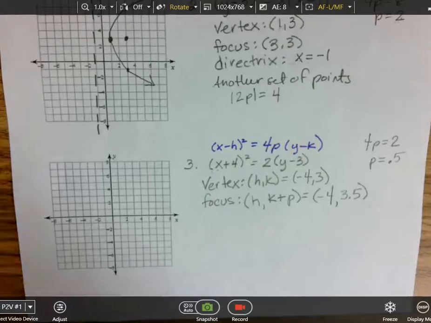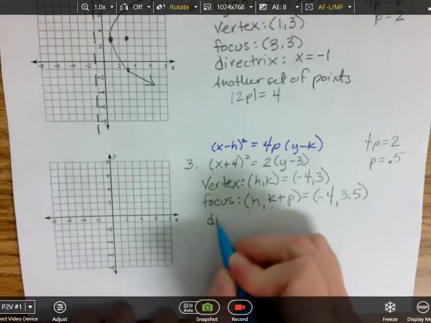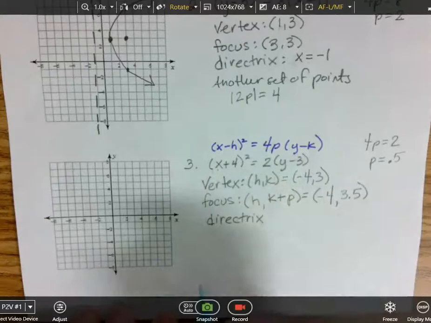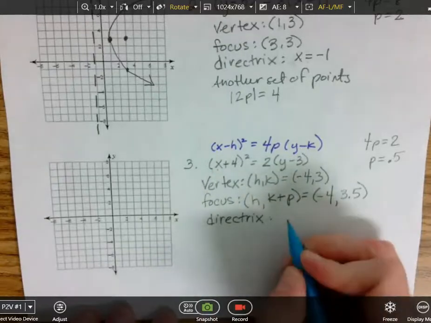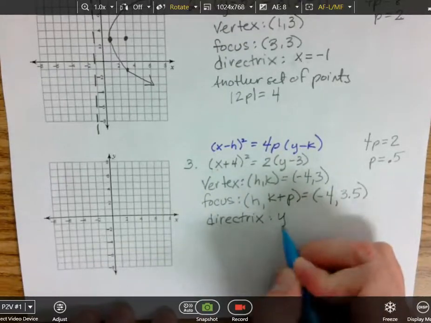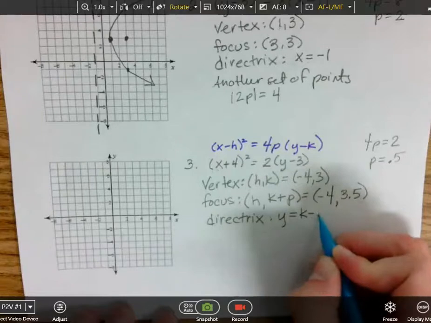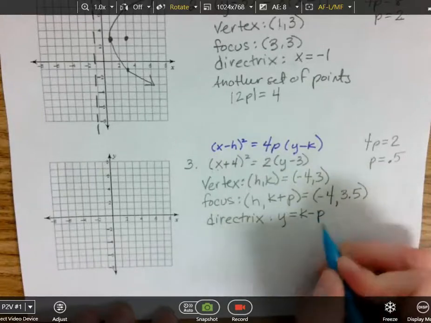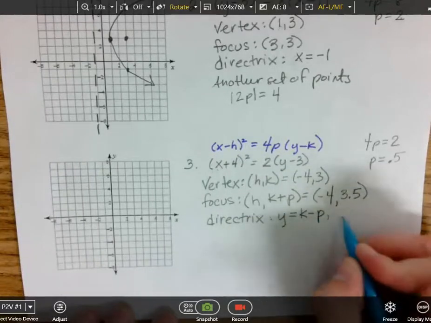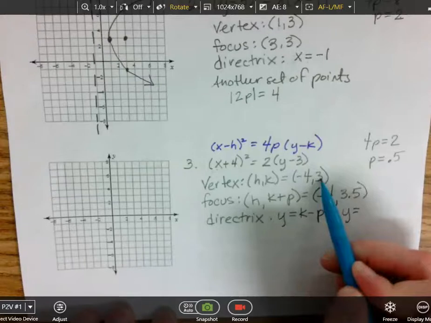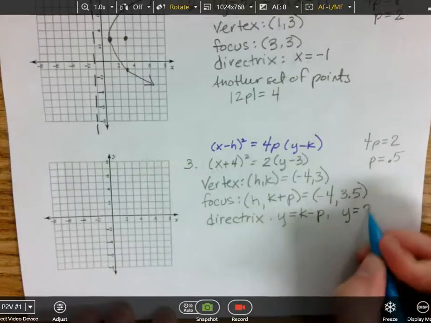And this time your directrix is going to be horizontal. So y equals k minus p. So that would be 3 minus 0.5, so y equals 2.5.